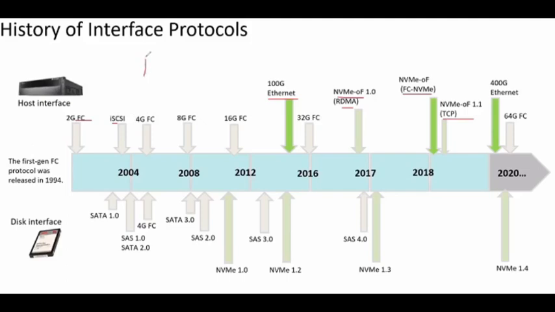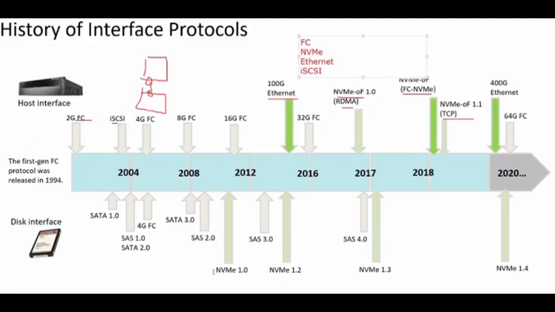This is basically how your server connects to the storage. Fiber channel, iSCSI, NVMe, Ethernet, and that's it, right? So you have to remember these four: fiber channel, NVMe, Ethernet, and of course iSCSI. These are the four major interfaces for host interface connection.